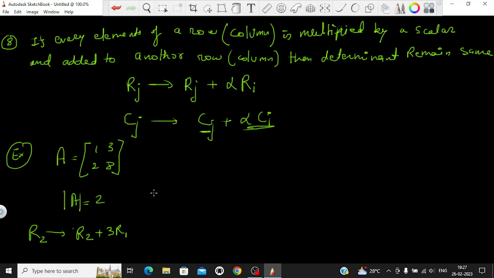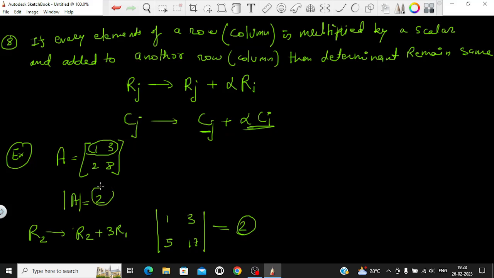After operating this, you multiply row 1 with 3, so this element will be 3 and this element will be 9, and just add it to the second row, so 3 plus 2, it will be 5, and 3 into 3, 9 plus 8, what it will be, 17, and the first row will be same, and you calculate the determinant, you will get the same 2.